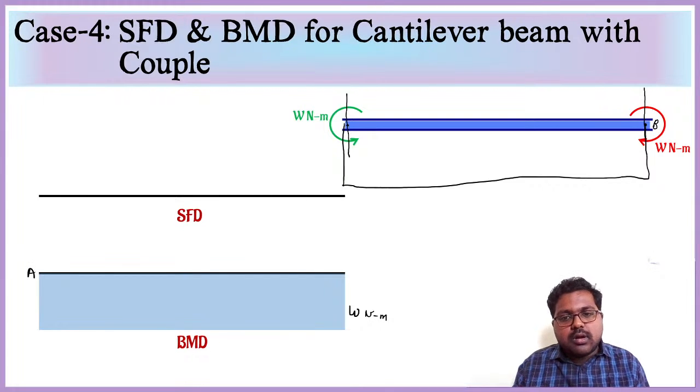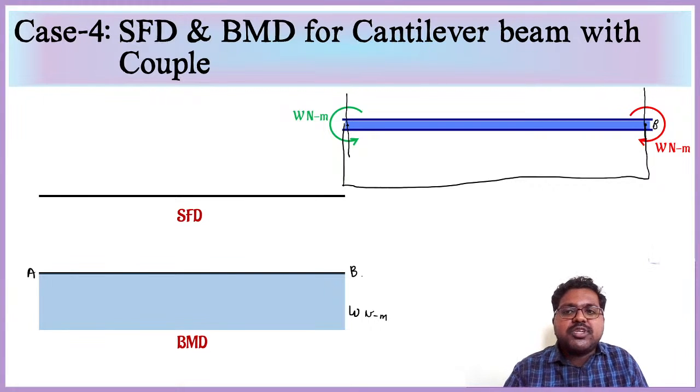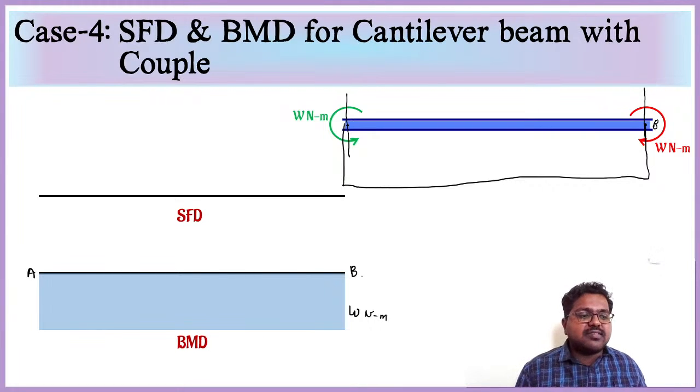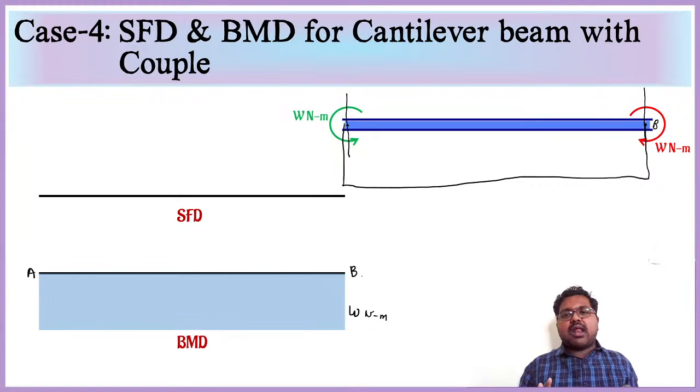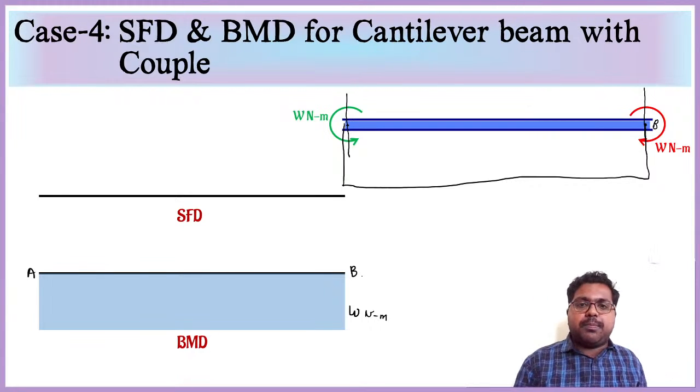So one important point to remember from this is, whenever a beam is subjected to a pure couple, then there is no shear force. Shear force is developed by normal forces acting on the beam.